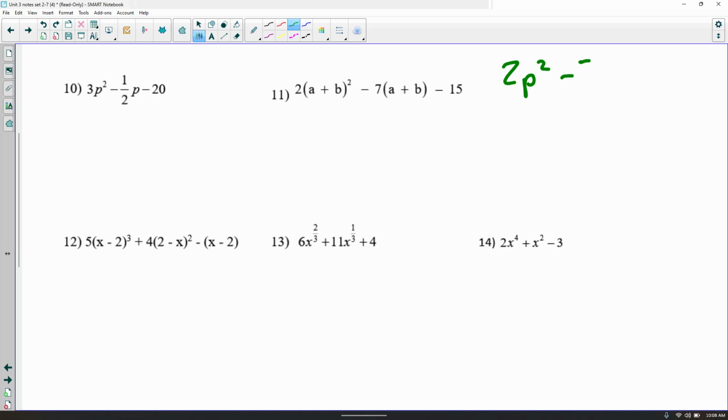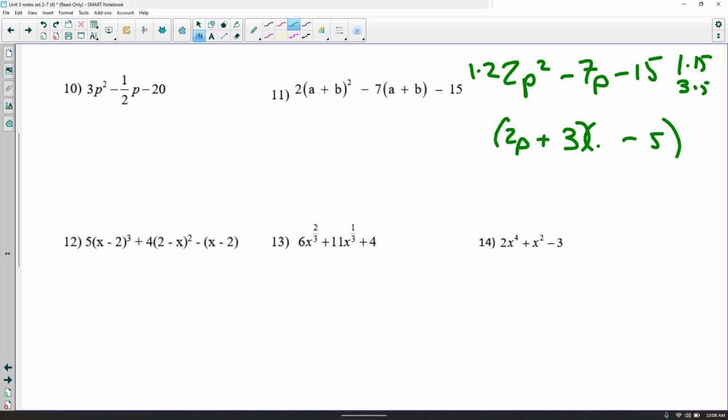And if you went ahead and just used the letter P for platter instead of A and B, then maybe you can see that this is trial and error. You don't distribute the 2, you don't do anything with the 7, you just factor this as you would normally factor it. 1 times 15, 3 times 5, put the 3 here, the 5 here, a plus and a minus. You have a 1 times 2, you put the 2p in the p, and then you check to see if you get it right or wrong.